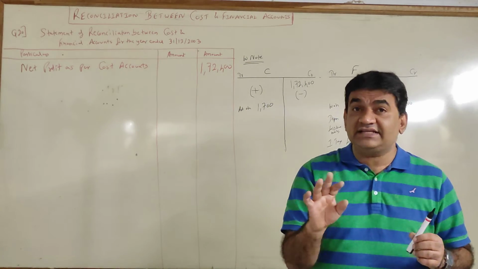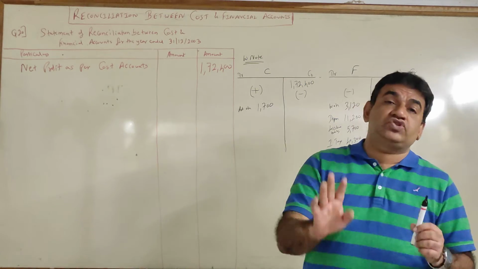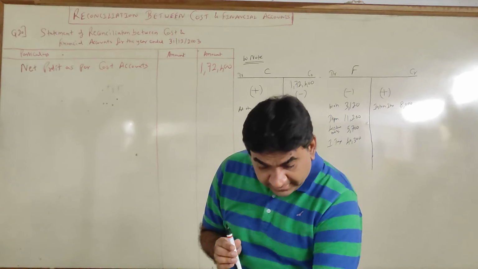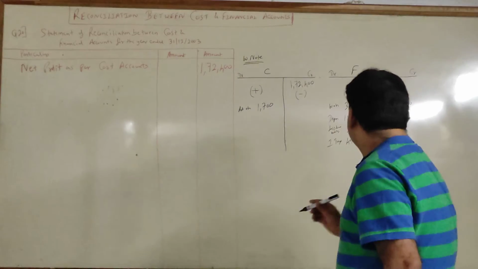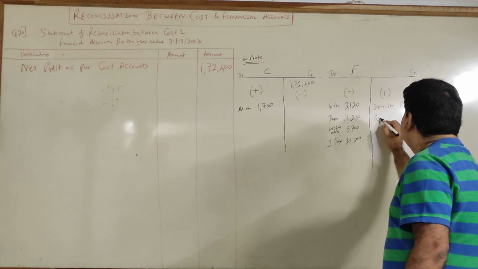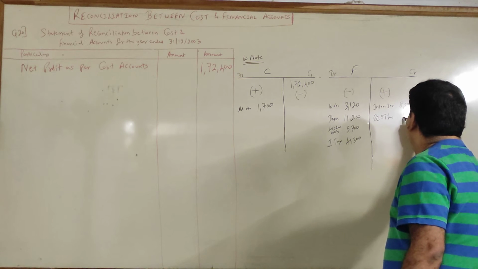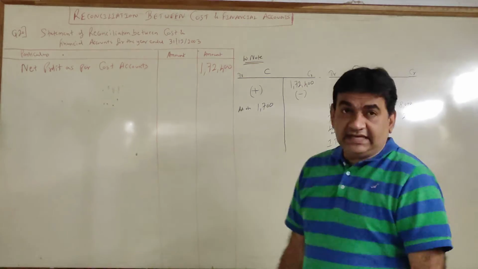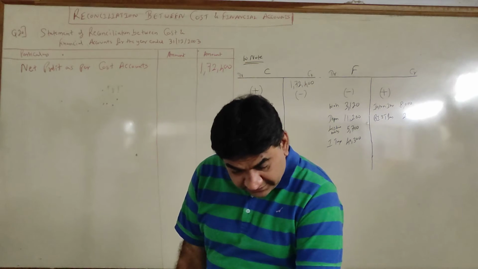Because only bank interest can be anything. It can be an income also, it can be an expense. So this is an income. And what they say in financial accounts, 250. So you can just write there, bank interest and transfer fees, 250. It is an income, therefore we are crediting financial accounts.